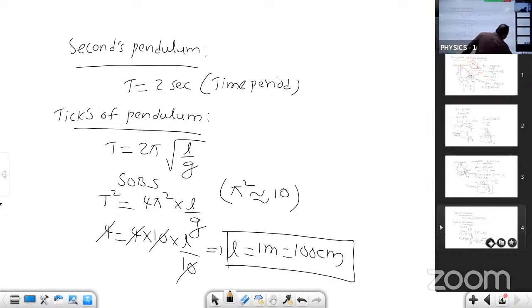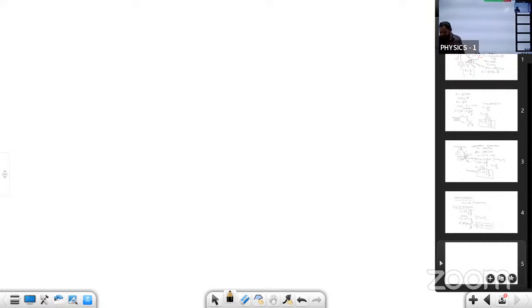For this, now we are doing one problem. What is the page number? Here, students, page number 214, exercise problems, problem number 11.